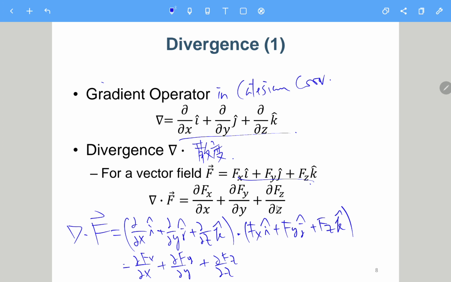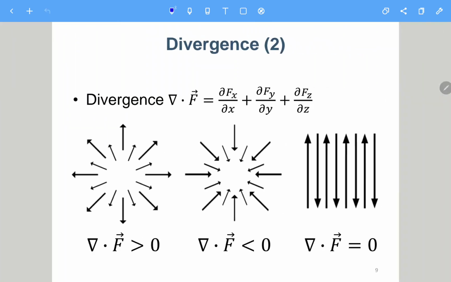So this is called the divergence. And the divergence means if the divergence of F is positive at a point, then the vector field is flowing outward.